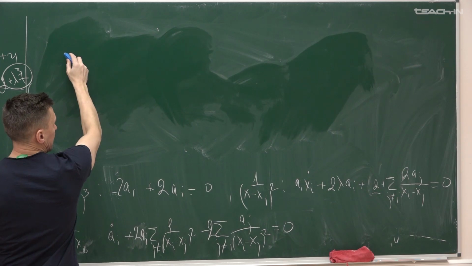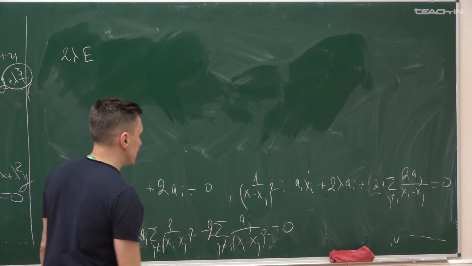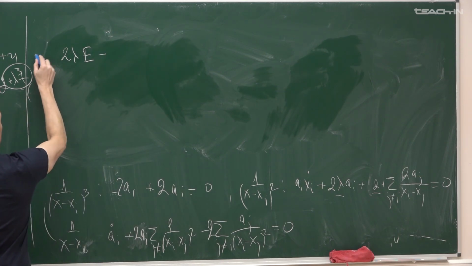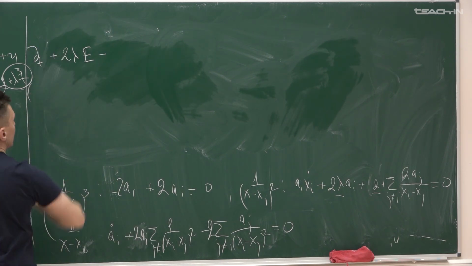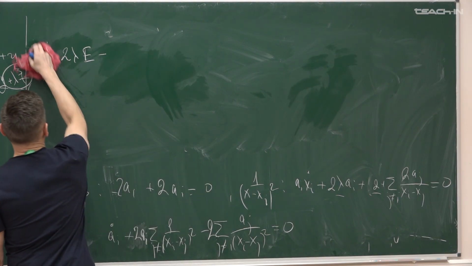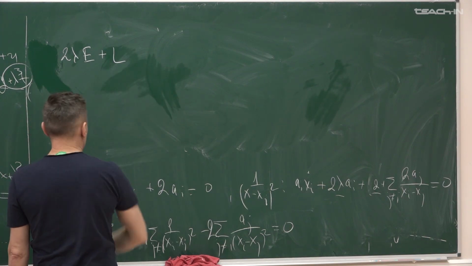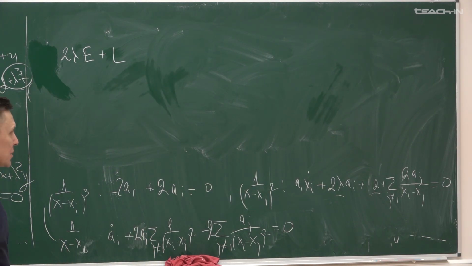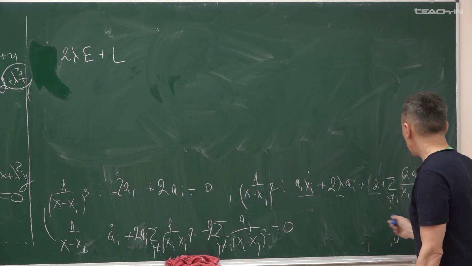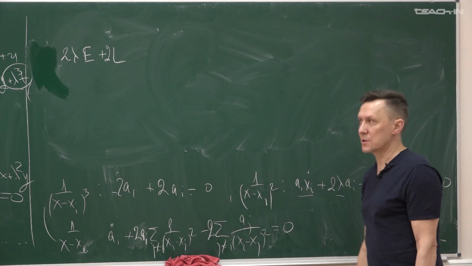So it is written in the following form: lambda identity matrix here, dt plus dt. I'm sorry. No. Plus L, which was in the description of this part and this part, is 2L in the description of the Calogero-Moser system.